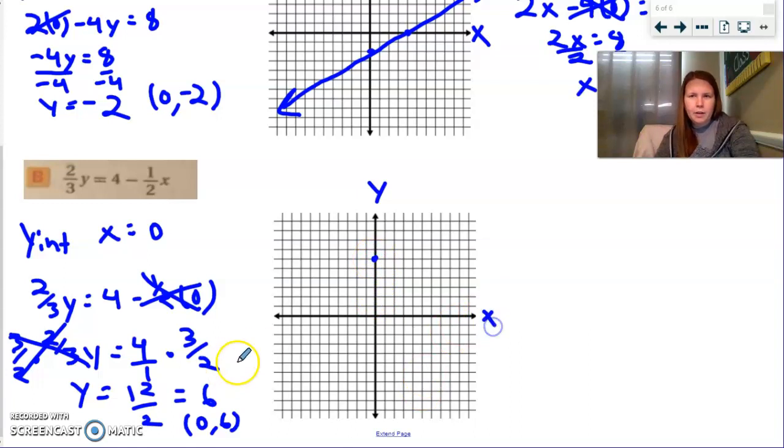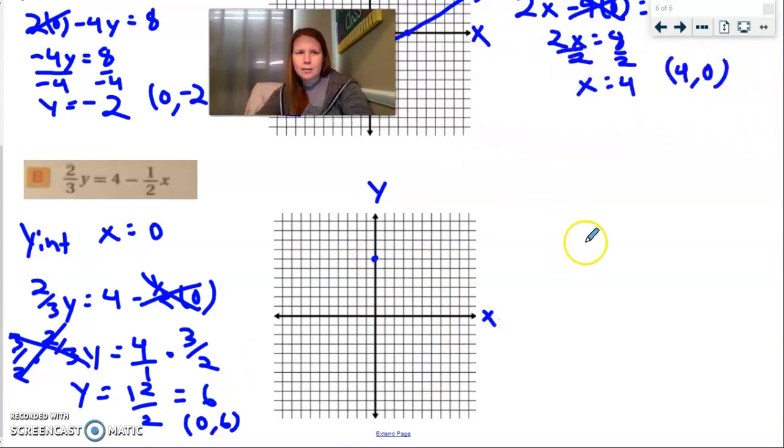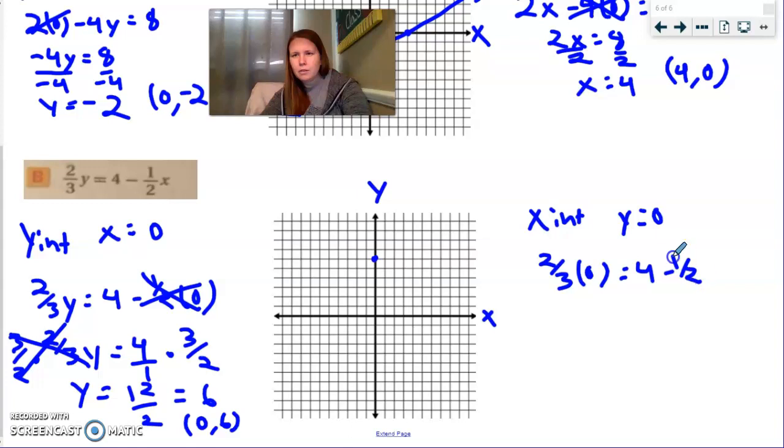All right, we need to find our x then. So x-intercept, we'll get this done pretty quick. Y equals 0, 2/3 times 0 equals 4 minus 1/2 x. So then we have 0 equals 4 minus 1/2 x.